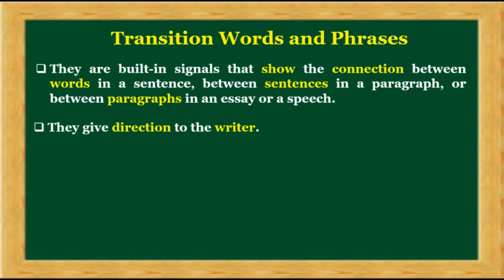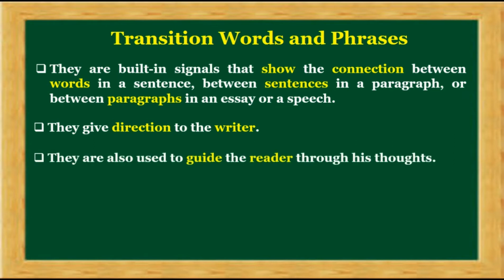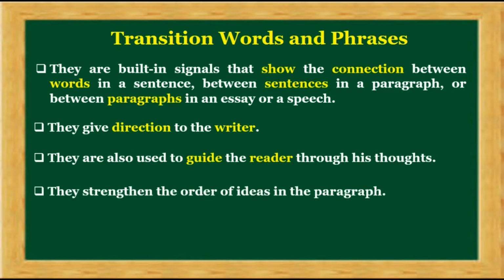Transition words and phrases also give direction to the writer. Likewise, they are used to guide the reader through his thoughts. They further strengthen the order of the ideas in a paragraph. Lastly, they make meaning specific.